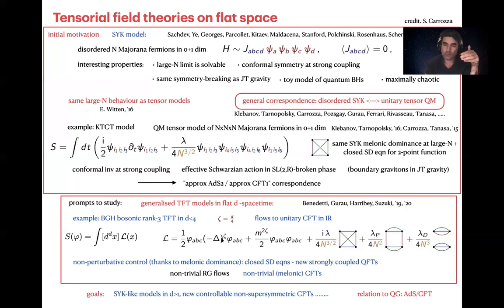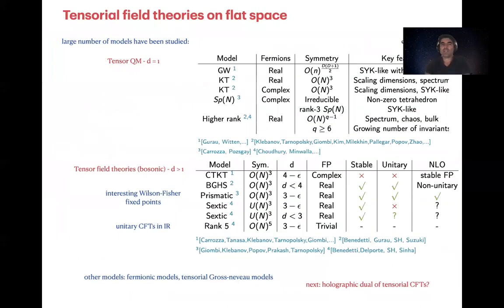The goal of all the work on this type of models is that, first of all, they may allow us to define SYK-like models in dimension higher than 1. Second, they can give new controllable, non-supersymmetric conformal field theories. And clearly, if that is realized, we are going to have a strict relation to quantum gravity through the AdS-CFT correspondence.